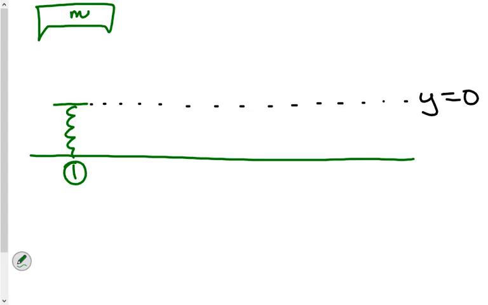So what kind of energy does my system have here in situation 1? What kind of potential? Yep, it's all gravitational potential energy. My object's at rest, so there's no kinetic energy. The second situation I want to talk about is when the mass just lands on the spring.